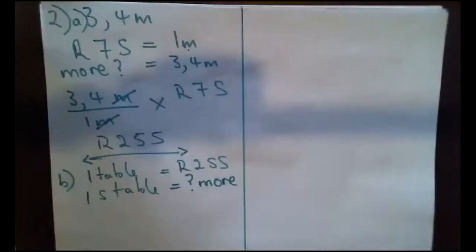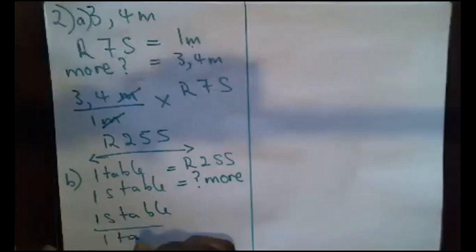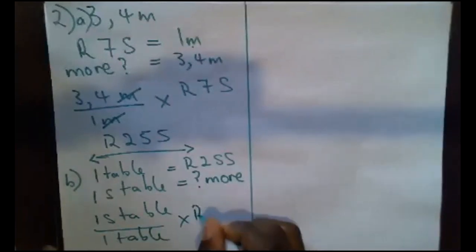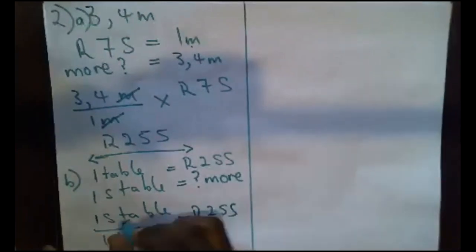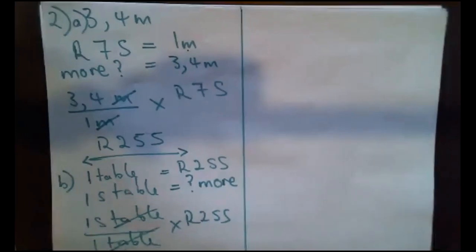If it is more, you just say a bigger number over a smaller number multiplied by the quantity. I know you can do it quickly, you can just say 15 times 255, but using this method, you'll be sure of yourself, and you are going to get most of these questions correct.